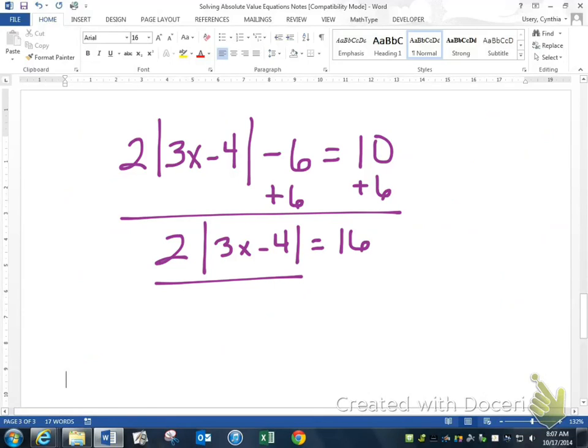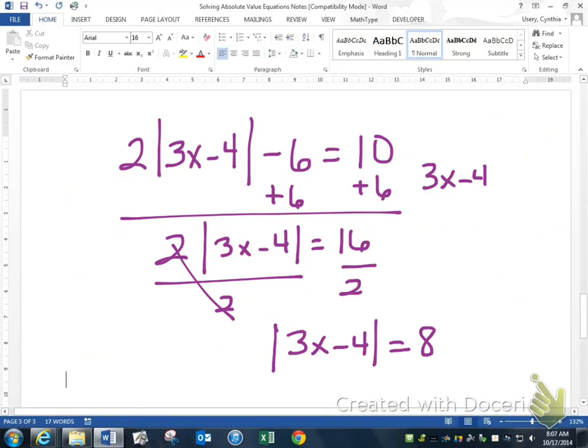Then you have to divide by 2. You need that absolute value symbol by itself. So then you would get absolute value of 3x minus 4 equals 8. And then you would do your two equations. So then you would do 3x minus 4 equals 8, and 3x minus 4 equals negative 8.